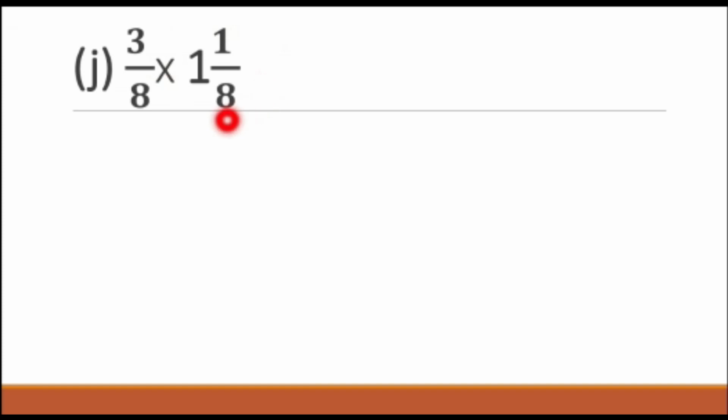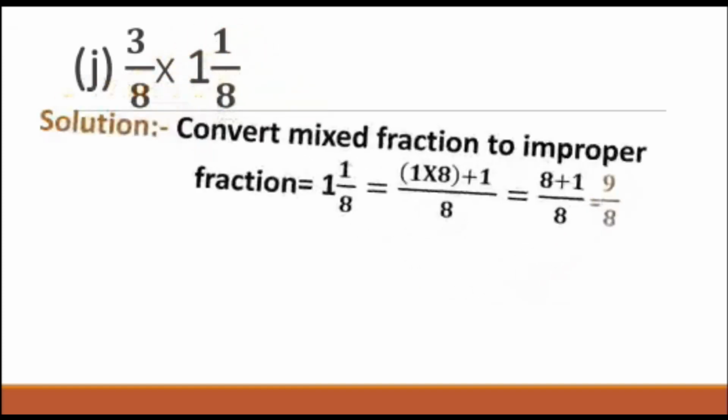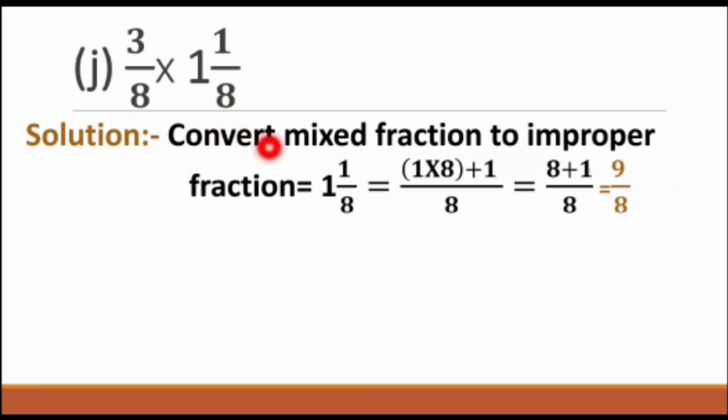So first we need to convert this mixed fraction into an improper fraction, then we will multiply, okay. Let's see how. So convert the mixed fraction to an improper fraction. So how? You know that the whole part is multiplied by the denominator and added to the numerator, okay. So 1 eights are 8 plus 1 is equal to 9, okay, and the denominator we will write as it is.